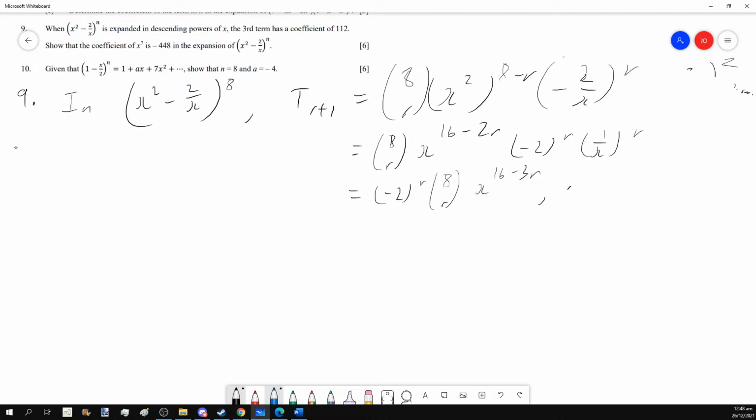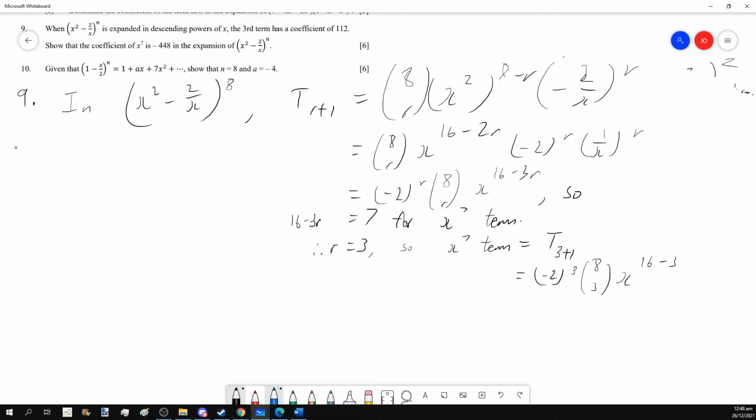From here, we will say that the power 16 minus 3r will be equal to 7 for the x to the power 7 term. Right? So in this case, it is clear that r equals 3 in order to get power equal to 7. And if r equals 3, then we can say that the x to the 7 term will be T 3 plus 1, which will be negative 2 to the power of 3, 8 choose 3, x to the 16 minus 3 times 3.